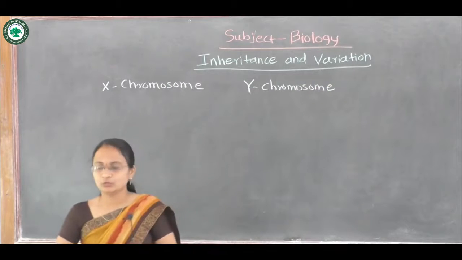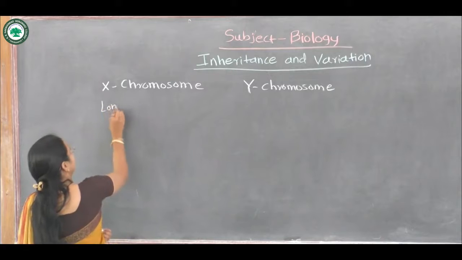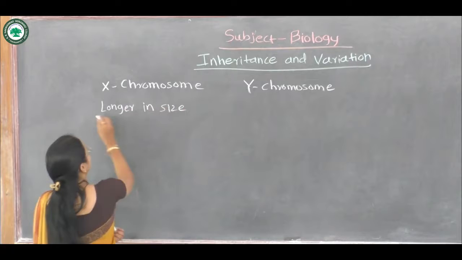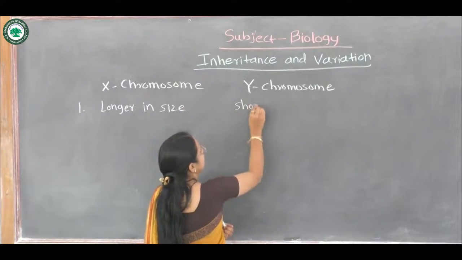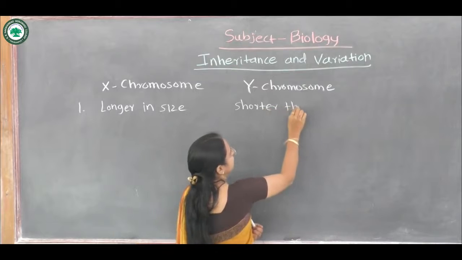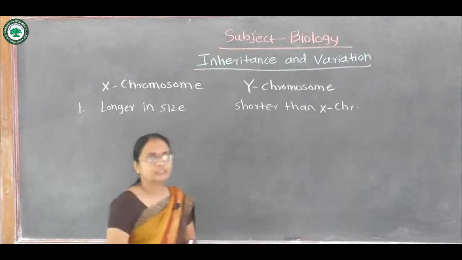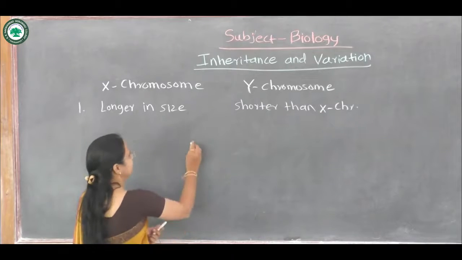This X chromosome is always longer in size, and the Y chromosome is always shorter than the X chromosome. Structurally, both look like this.